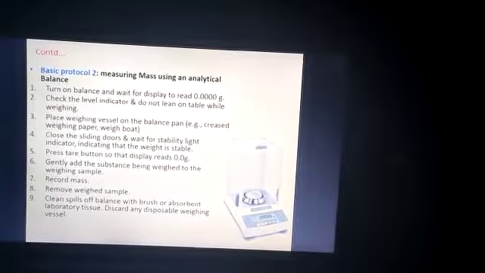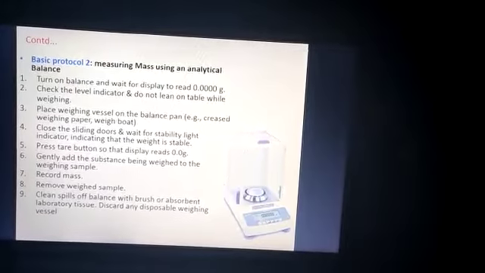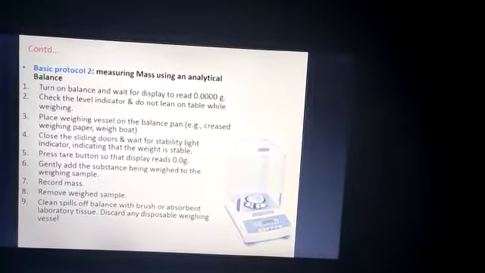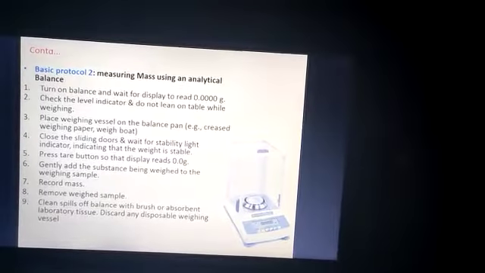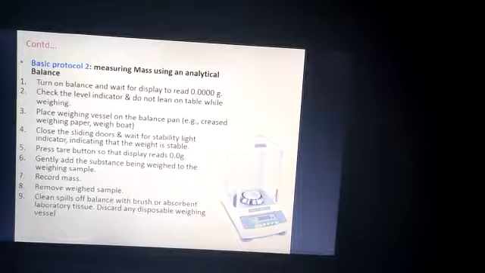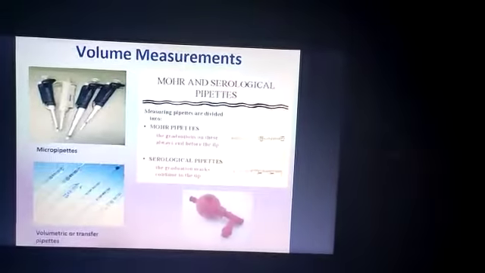Press the tare button so that display reads 0.0 grams. Gently add the substance being weighed to the weighing vessel. Record the mass, remove the weighing vessel. Clean the spills off the balance with a brush or absorbent laboratory tissue. Discard any disposable weighing vessel.